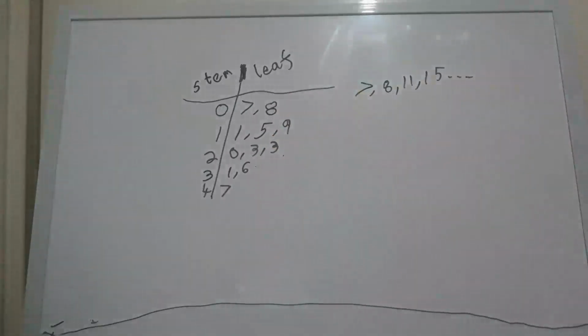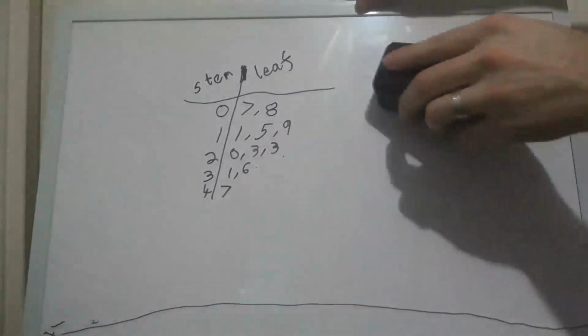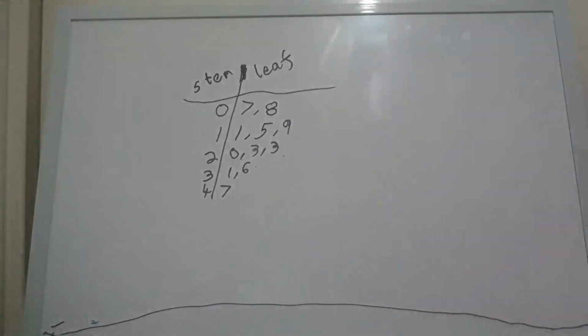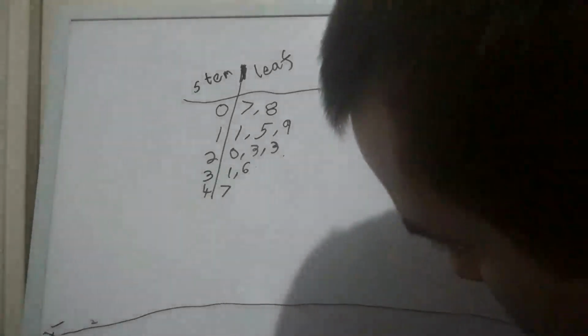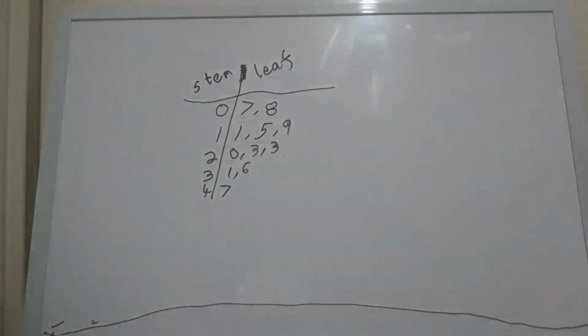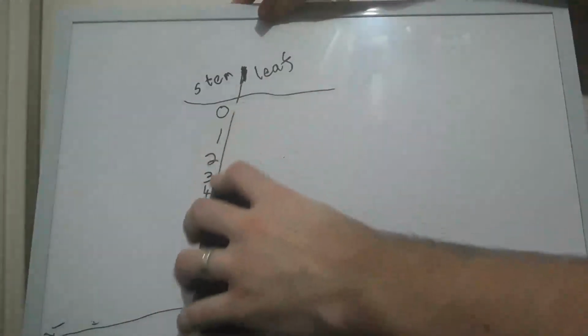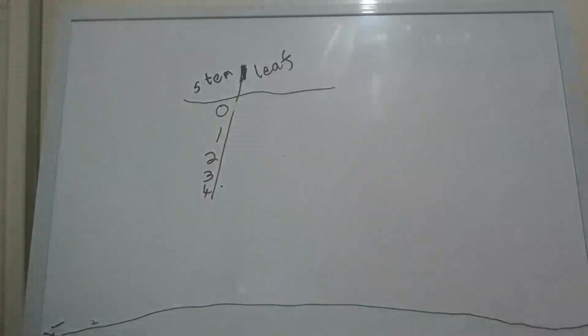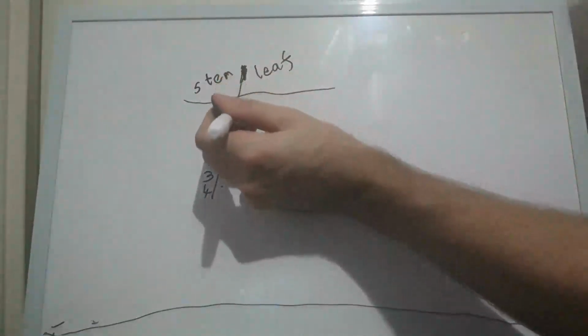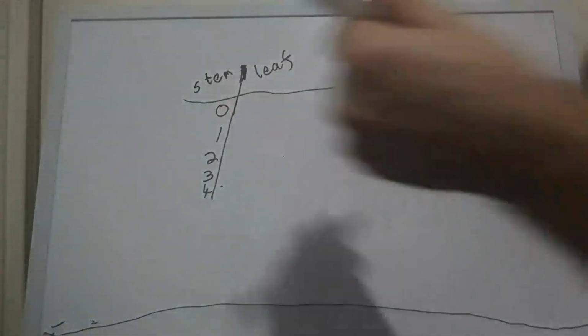Now, it may be that perhaps these stems could represent... drop my pen. Perhaps these stems represent tens. Now, what do I mean by that? Perhaps they could represent millions of dollars.